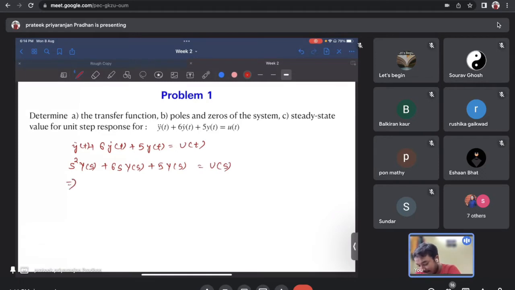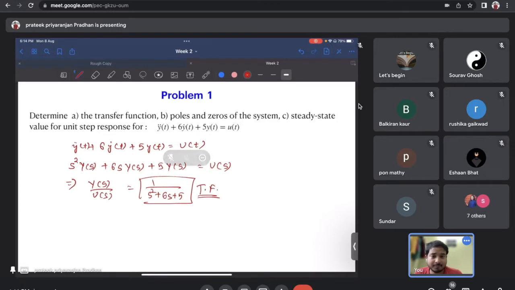Then I can write y of s divided by u of s is equal to 1 by s square plus 6s plus 5. This is my transfer function. Correct? Anybody has any doubt in this? Okay, cool. So we have derived the transfer function.